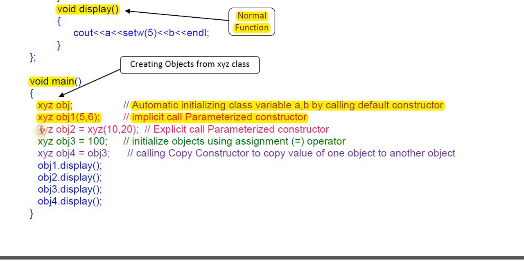In the next line, we are creating object 2 from the XYZ class, and in this line we are using the XYZ constructor name with values in parenthesis. When we use the name of the constructor with values when creating an object, this technique is called explicit calling. And in this line we are creating object 3 and assigning the value 100. So this is called initializing the object using the assignment operator.